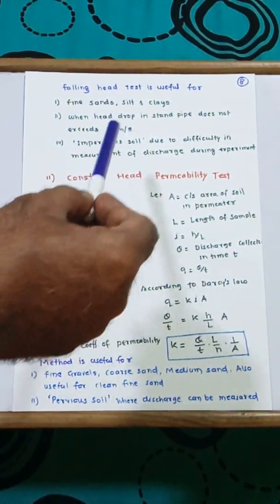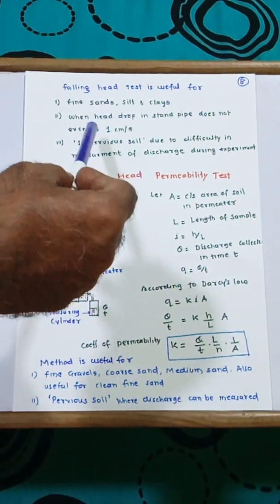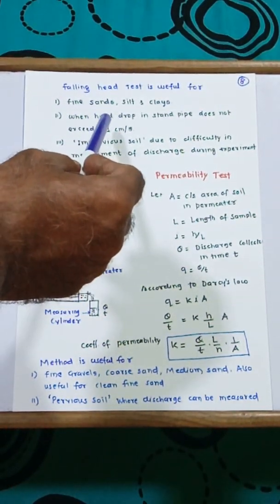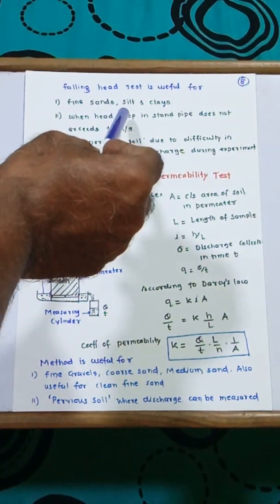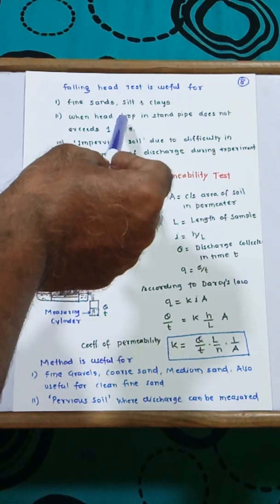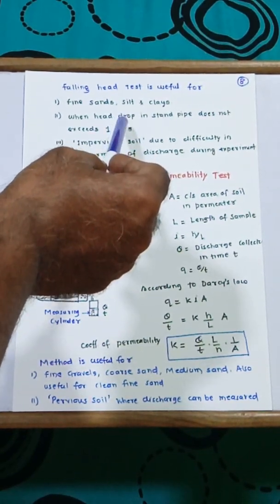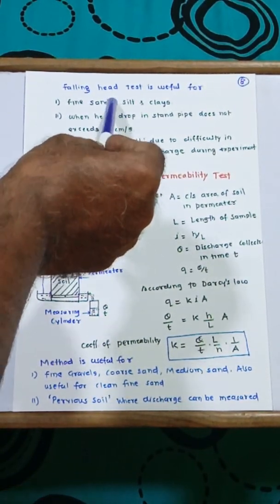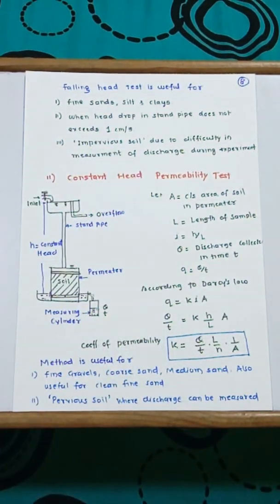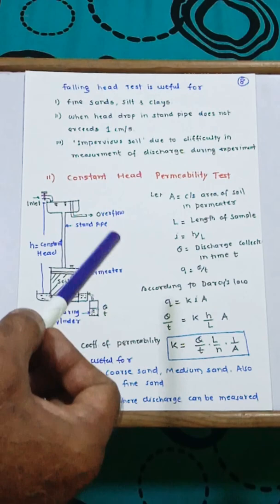Meaning that if I use a highly permeable soil like a sand, particularly coarse sand, or if I fill with fine gravels, then the head drop from H1 to H2 will be so fast that it will be difficult to measure the time, and there will be errors.